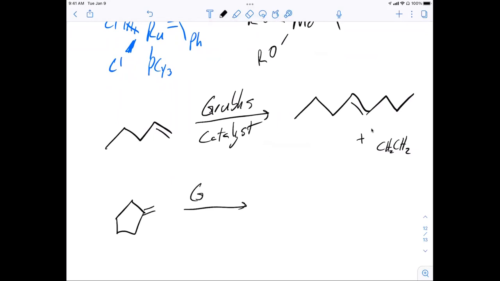If I use the Grubbs here, I stick the two bigger ends together, right? And then what's coming out of the reaction is the small molecule.